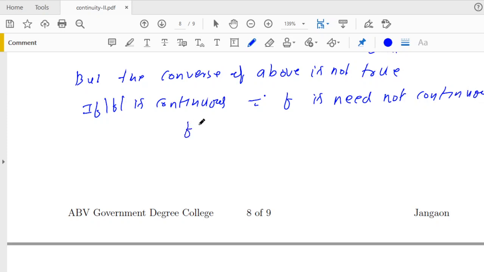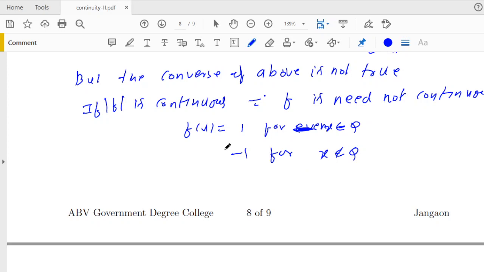For an example, f of x equal to 1 for x belongs to the rational numbers, and equal to minus 1 for x not belonging to Q, that means x belongs to the irrational numbers.